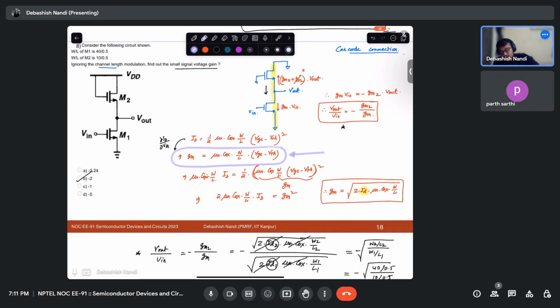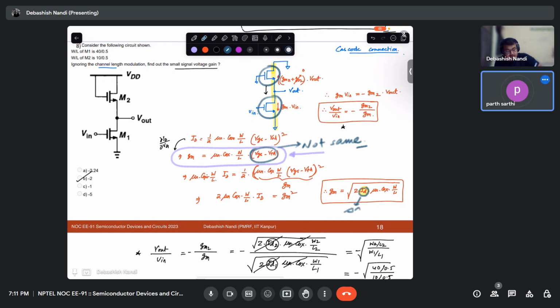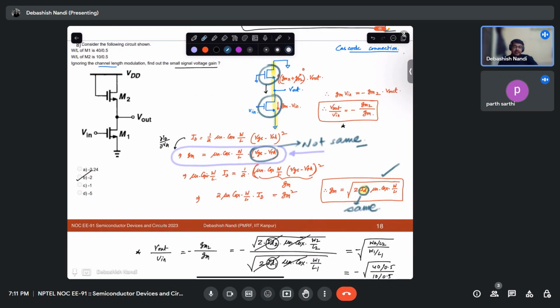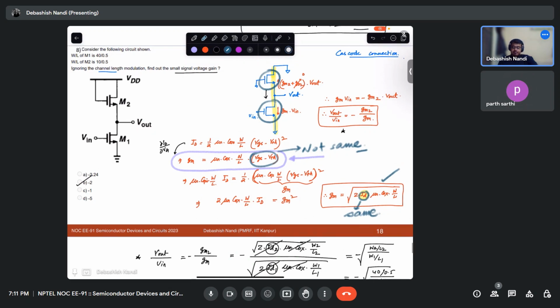Because for these two transistors, this quantity is not the same. But what is the same? ID is the same. So that's why we convert this equation to this form and then use. This is a very important question which often comes in GATE exams. So please spend more time on this kind of problems.